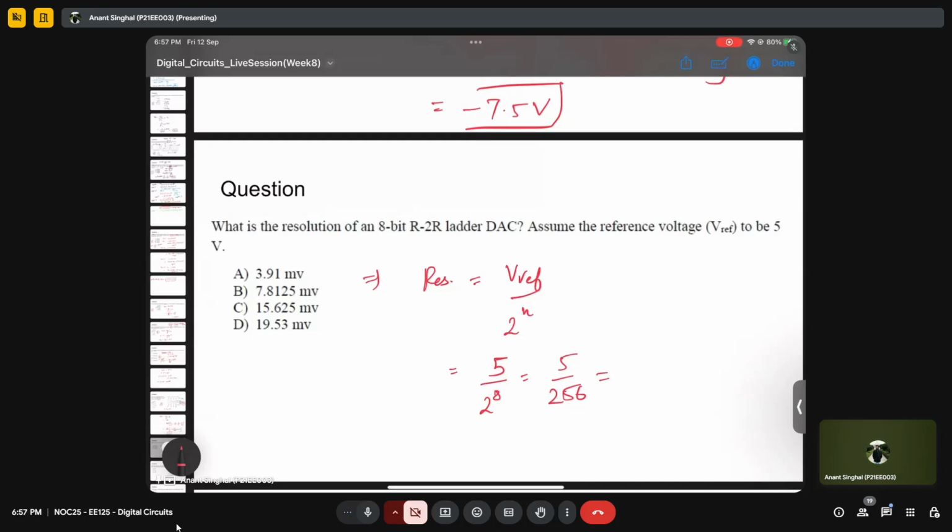It should be 0.0, very close to 2, I think. I'm assuming it's 19 because option D says that, which is nothing but 19.53 millivolts. So option D is the correct answer.